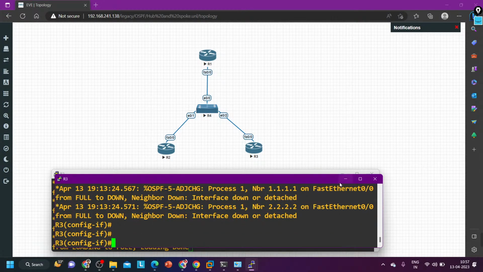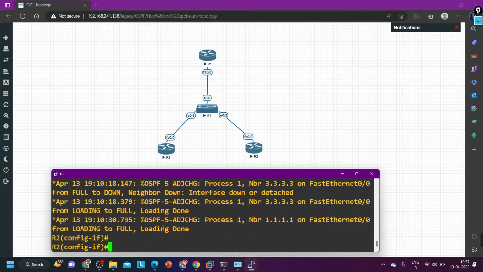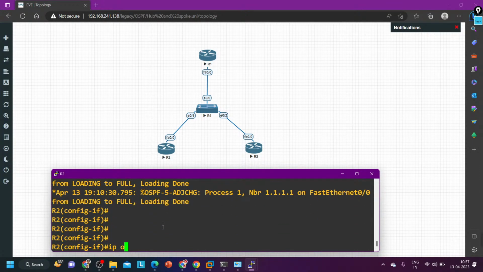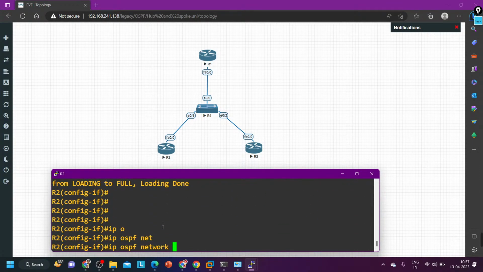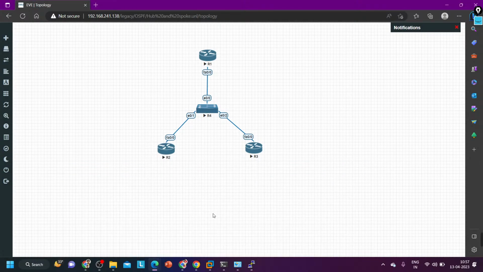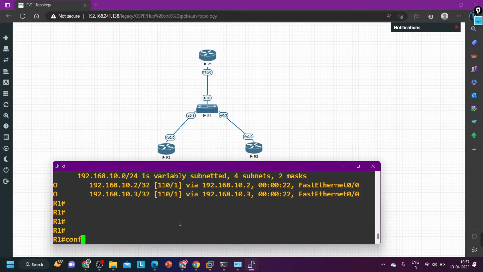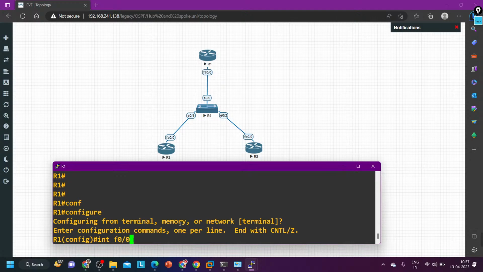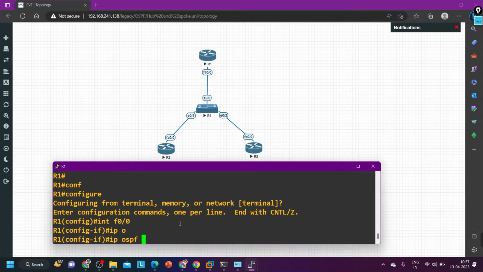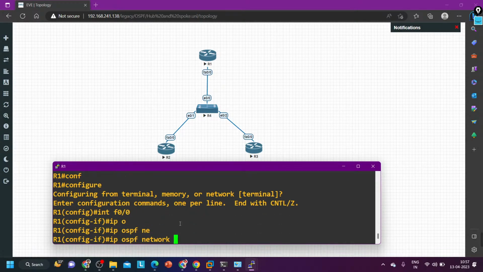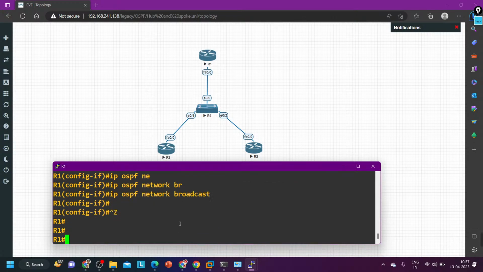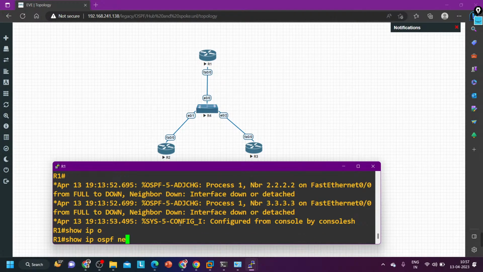DR. Router number 3. Now on router number 2 also IP OSPF network type broadcast, and on router number 1 also, interface F0/0, IP OSPF network type broadcast. Who is my DR? Show IP OSPF neighbor.